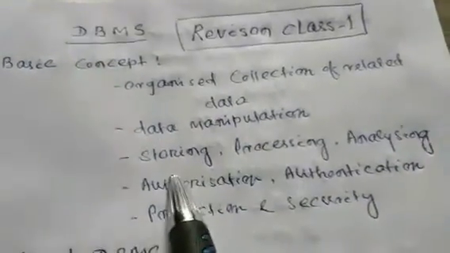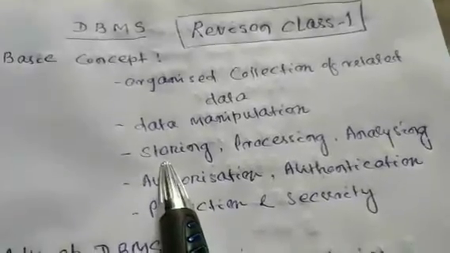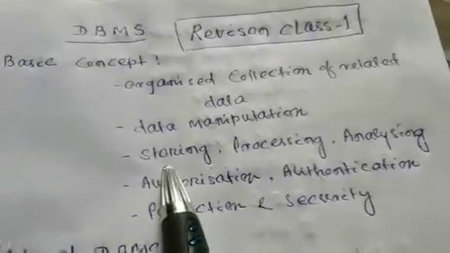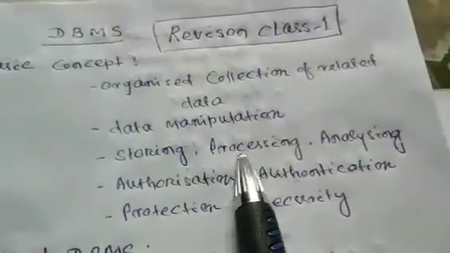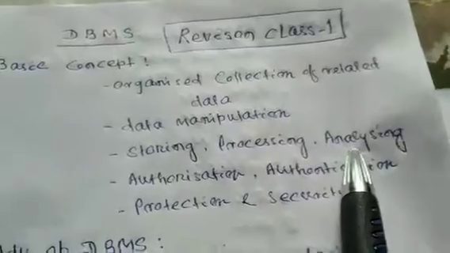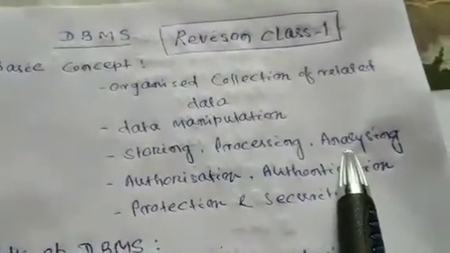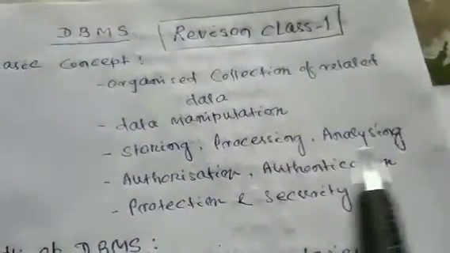Data is stored in an organized way so that processing can be done well, and we can analyze, search and sort. According to our requirement we can retrieve data. This is analyzing data.